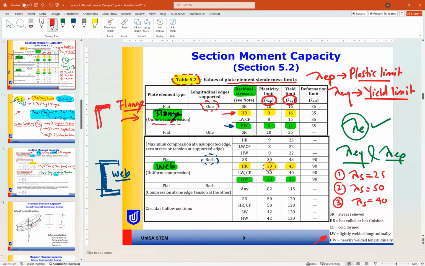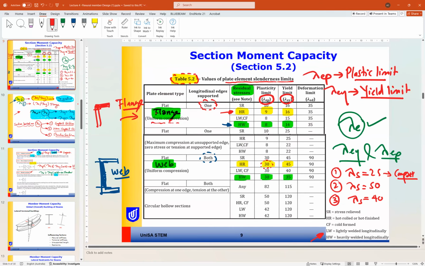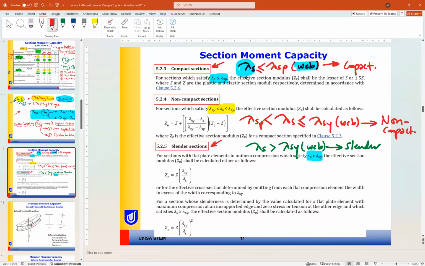So 25 is less than 30, so the section is compact. 50 is more than 45, so the section is cylinder. 40 is something in between, so it is non-compact. So after we know lambda s, we can decide if the section is compact, non-compact, or cylinder.